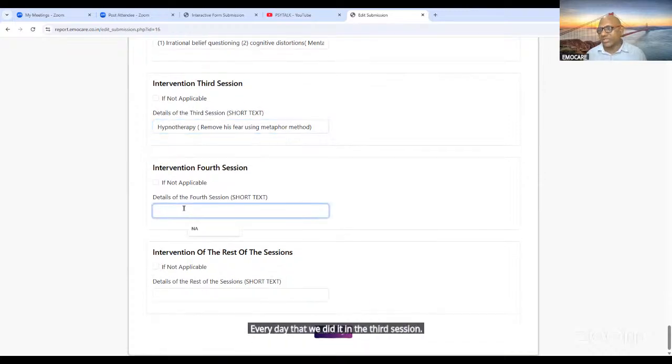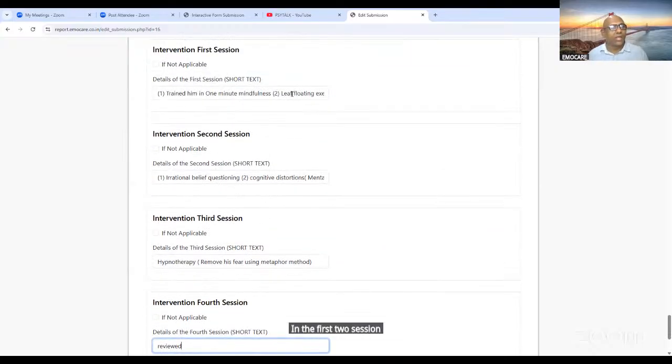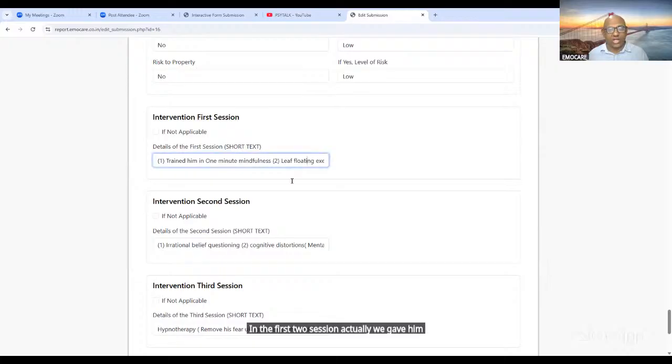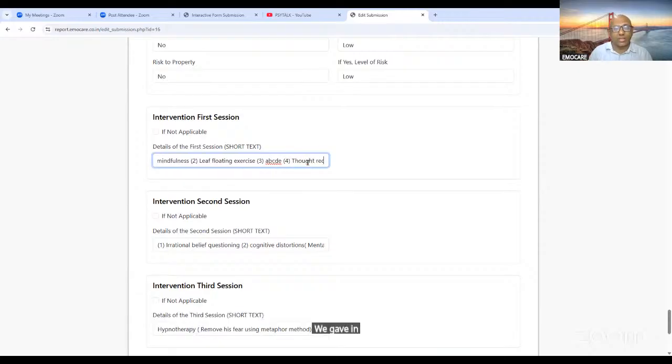In the fourth session, we reviewed his thought record sheets. In the first session, we also gave him thought record sheets from cognitive behavior therapy.